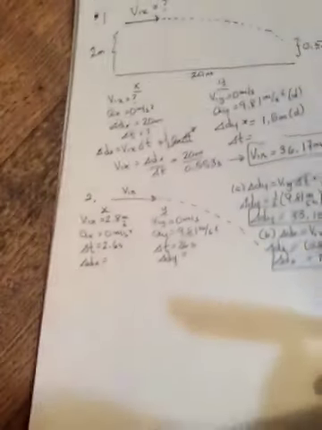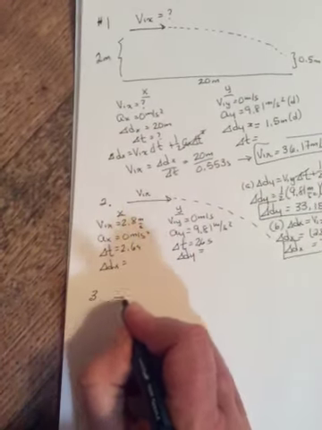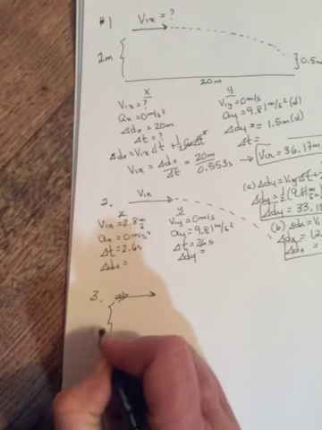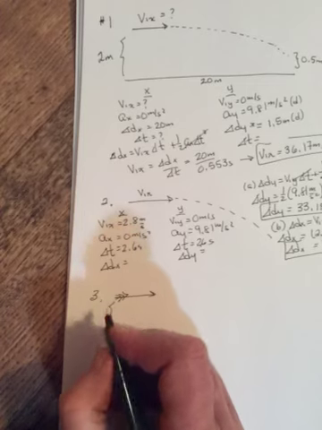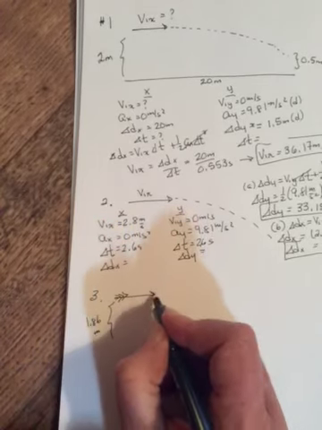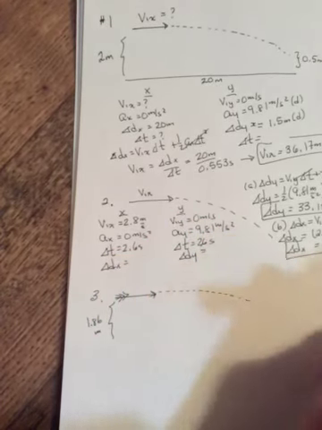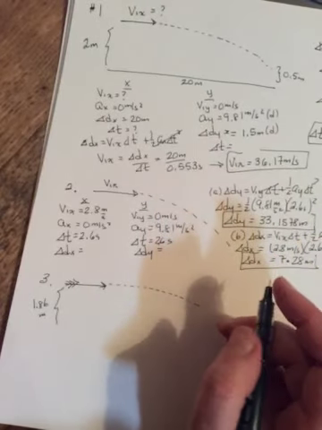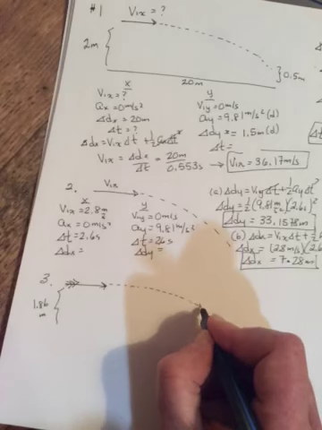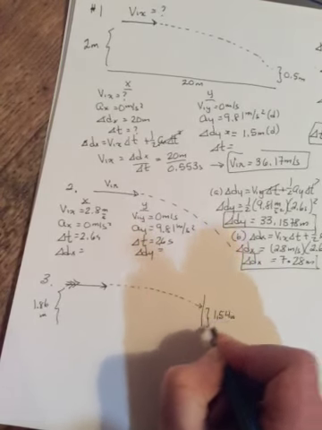Number 3, a dart player. So he's firing a dart. And the height is 1.8 meters above the ground. And of course, as it travels, it loses a bit of its height, and it ends up hitting the board, which is 1.54 meters above the ground.